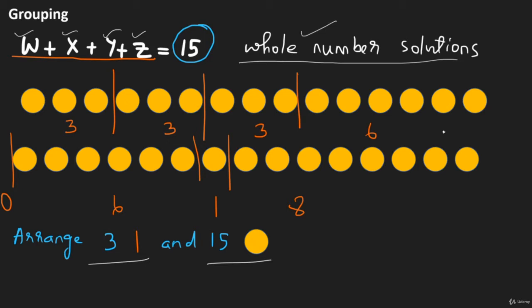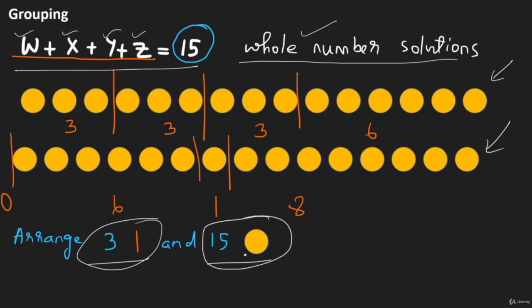Because every time I make a new arrangement of the 3 lines and 15 dots, I get one set of solutions for this equation. Just like over here we got one set of solutions, that's 3, 3, 3, 6, and over here we got one set of solutions, that's 0, 6, 1 and 8. And over here we have a total of 18 items, 3 of which are of one type and 15 of which are of one type.